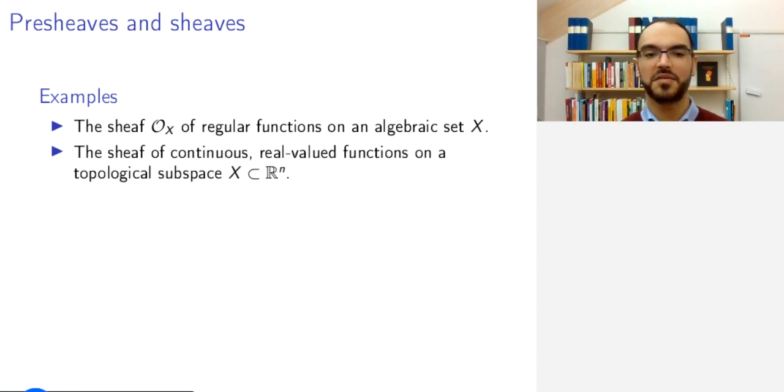An example you might be familiar with from previous courses is the sheaf of continuous real-valued functions on a topological space sitting inside, say, R^n.